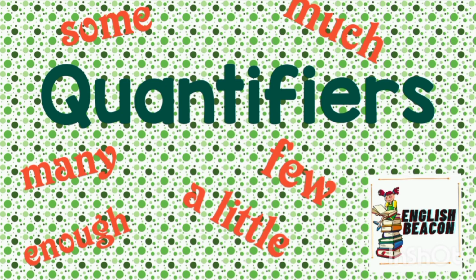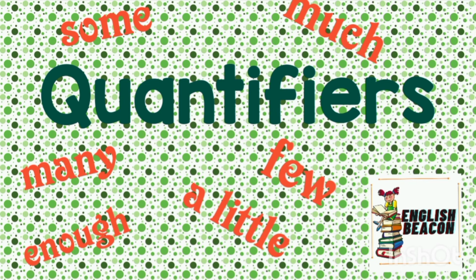Remember, if you are talking about countable nouns, you use few or many. If you are talking about uncountable nouns, you use much or less. Few is used for countable nouns, whereas less or little is used for uncountable nouns.